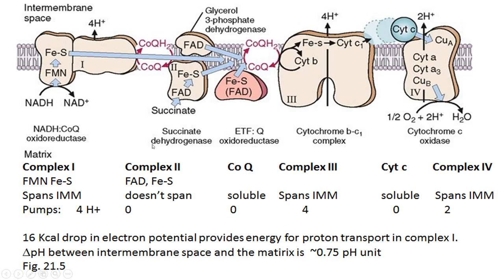Here, one is recycled again with cytochrome B. Please remember that the protein complex involved in this transfer is called complex 3, or the cytochrome BC1 complex, also known as coenzyme Q-cytochrome C oxidoreductase.